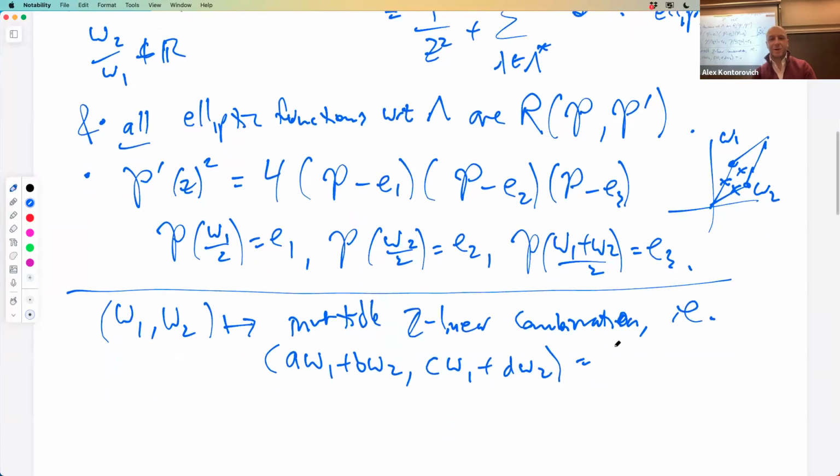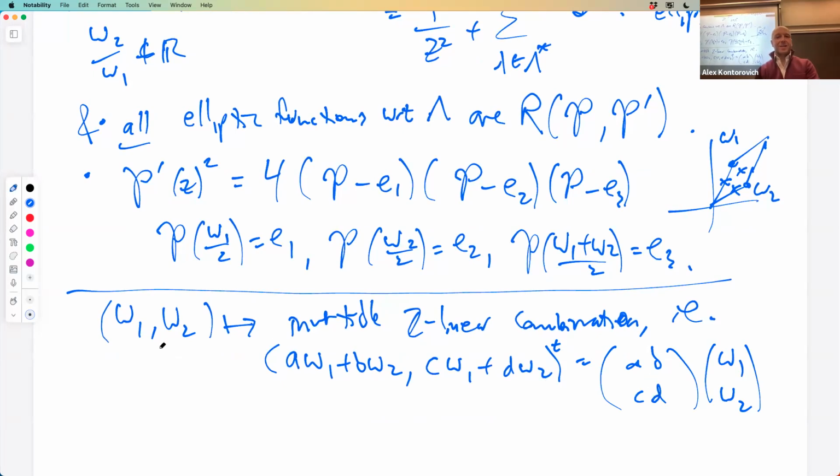This is the same thing as multiplying omega 1, omega 2 by the matrix, a b on top and c d below, where I'm writing it as a column vector, transpose. Here a, b, c, d are integers and this matrix is invertible in the integers.